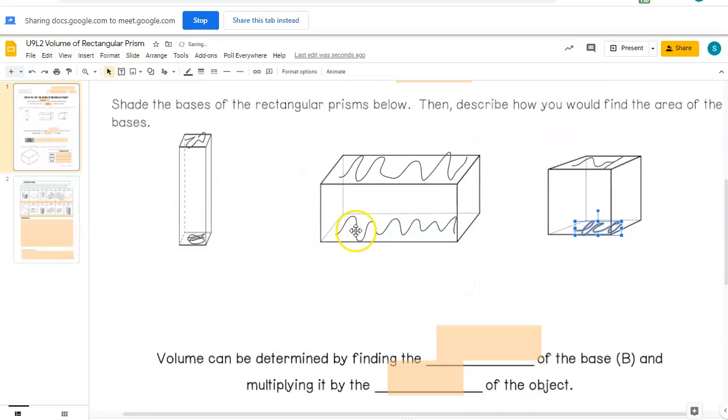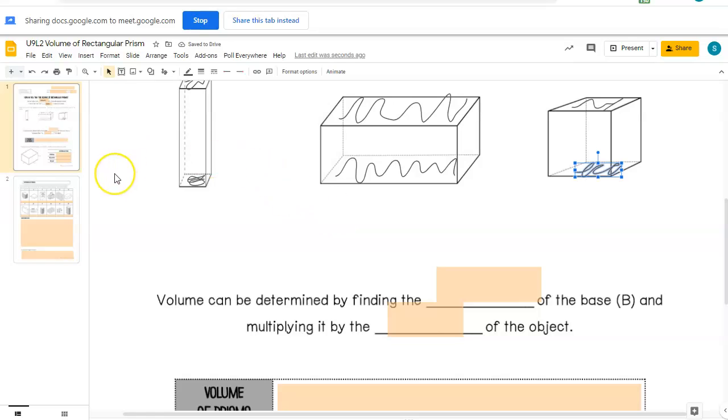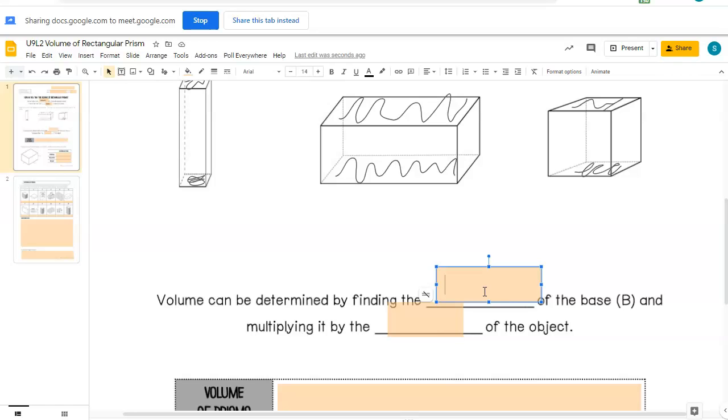So, when we're thinking about volume, we can describe it by finding the area of the base and then multiplying by the height. There's a certain number of cubes that would fill up the bottom, and then the height tells us how many groups of that number of cubes.